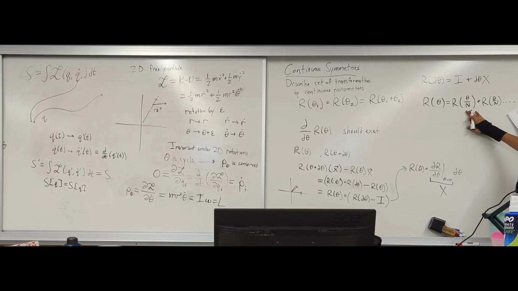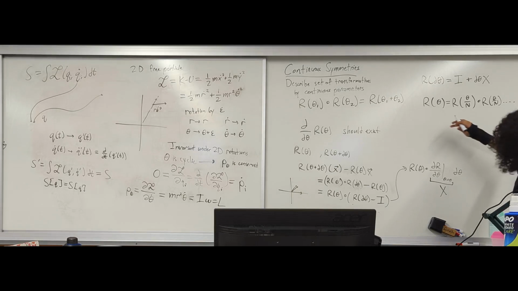And then we could make n arbitrarily large, taking it towards infinity. When we do that, we make theta over n so small that this rotation would be given by this. You could think of this like a Taylor expansion, because this is the identity plus d theta times the first derivative, and then you could have the second derivative, but d theta is so small that d theta squared is pretty much 0.